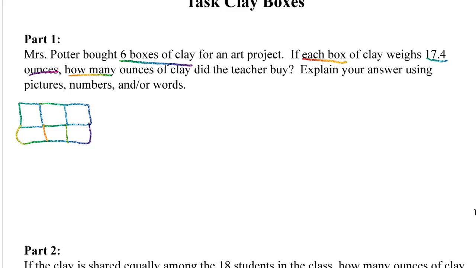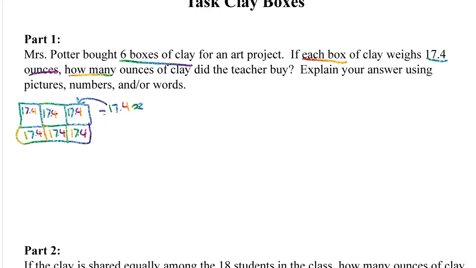Okay, so each one of them weighs 17 4/10 ounces, and each one equals 17 4/10 of an ounce. I'm going to say that is what each one of them equals.